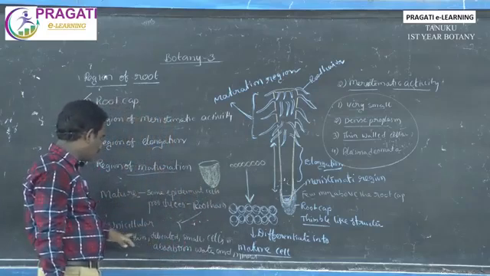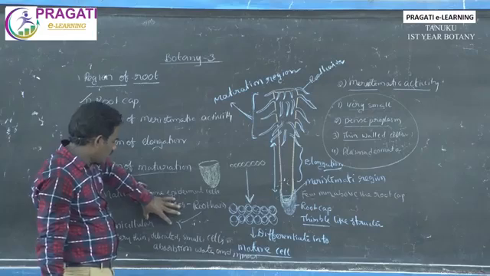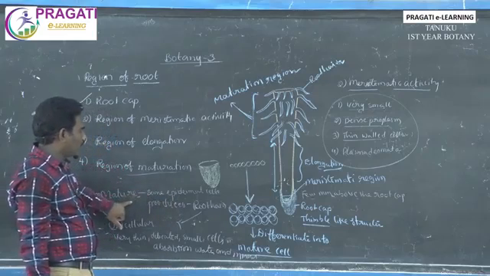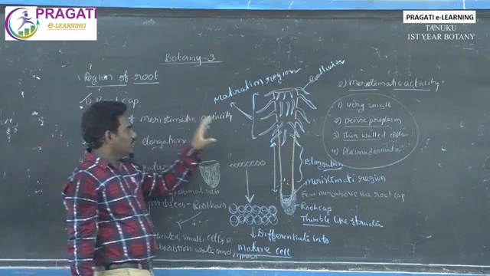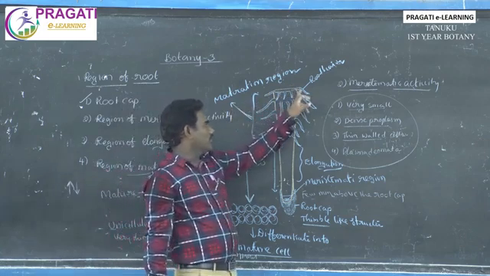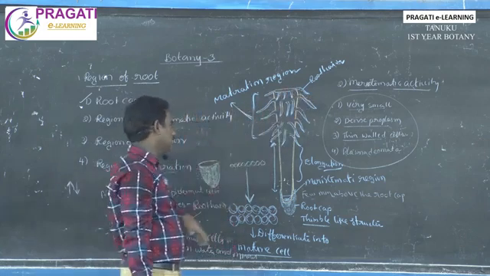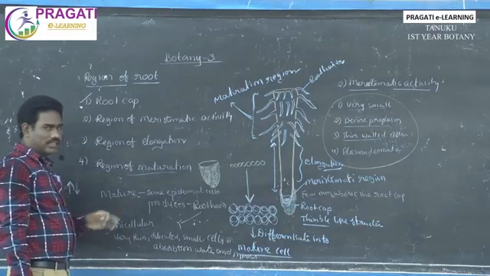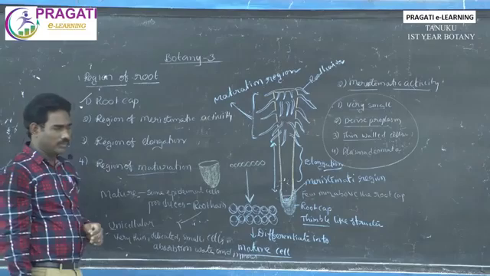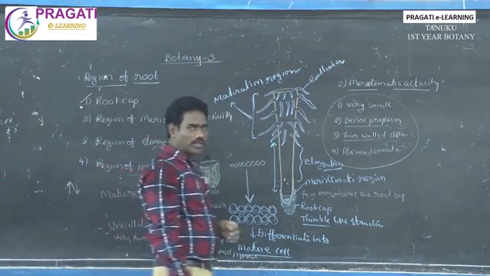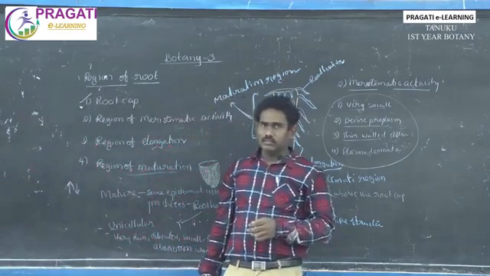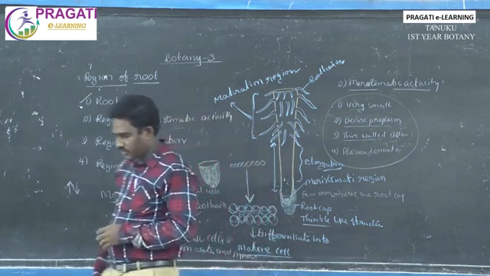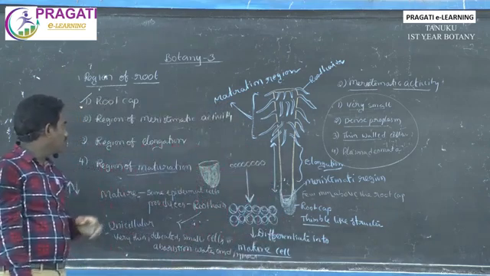The root hairs are very small, thin-walled, delicate, unicellular cells. They absorb water and minerals. Next, these are the regions of the root and types of root systems. Tomorrow I will explain about root modifications.